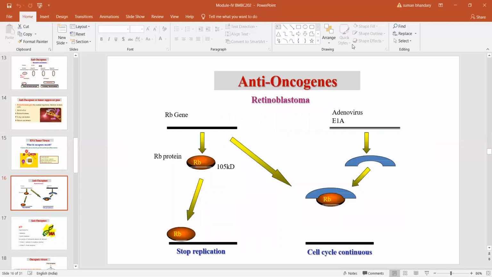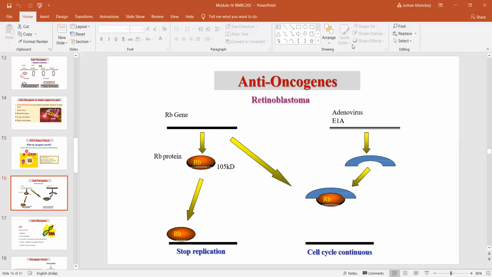So here you can see the RB gene is a 150 DNA stops replication of the gene. And when this particular protein binds with another kind of protein subunit, maybe coming from the adenovirus, the protein subunit E1A coming from adenovirus, here the function is lost.